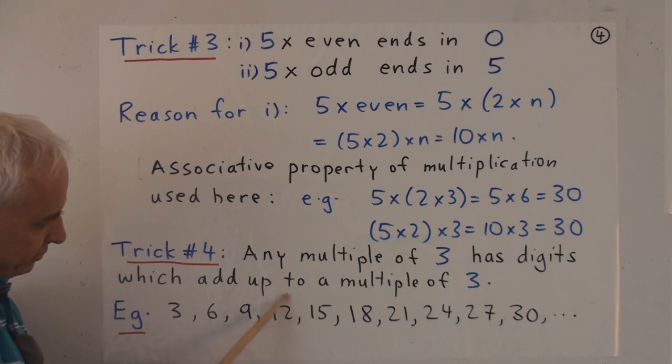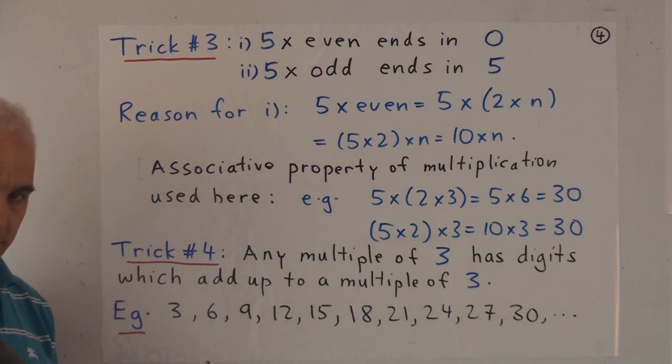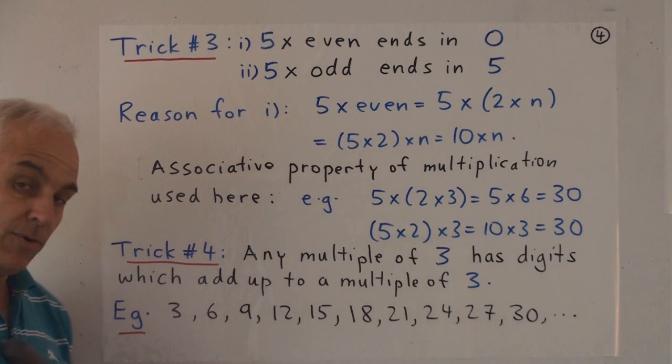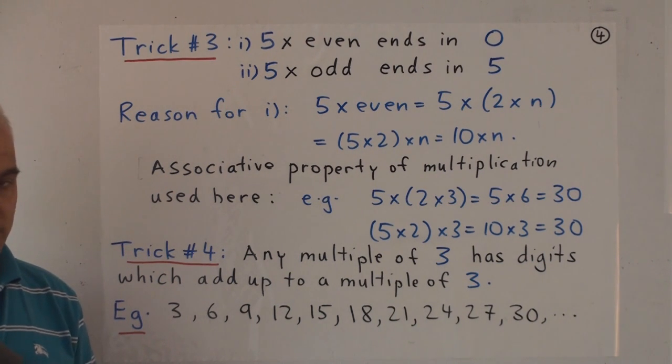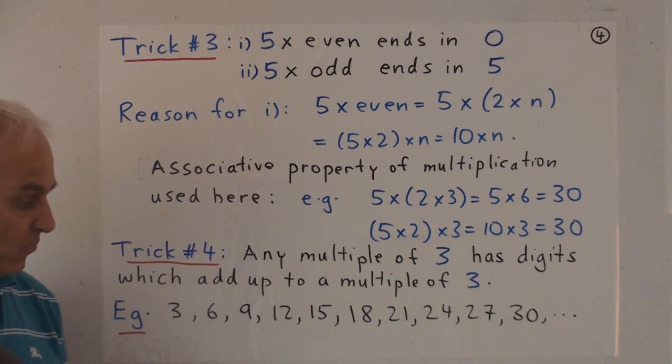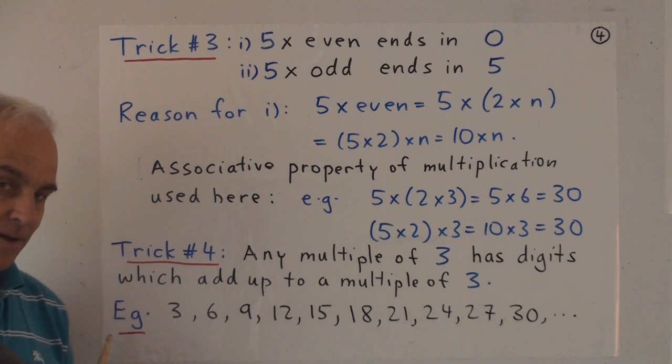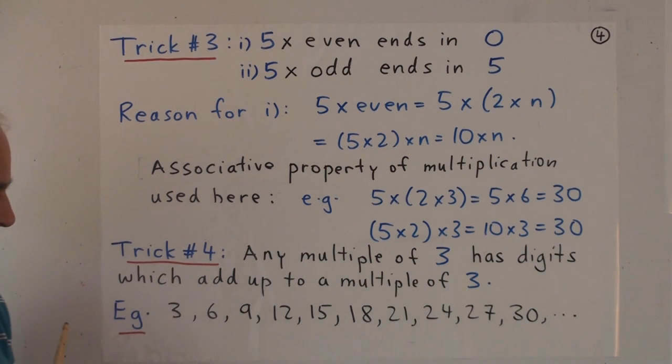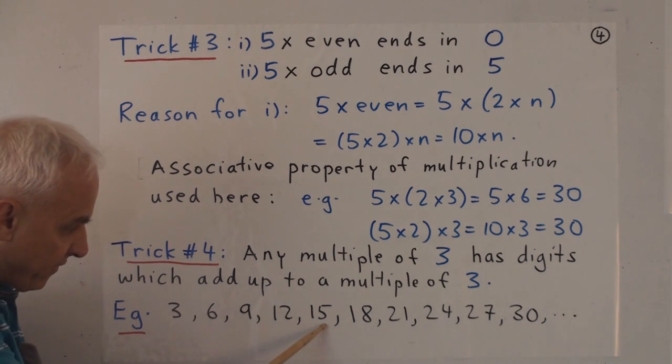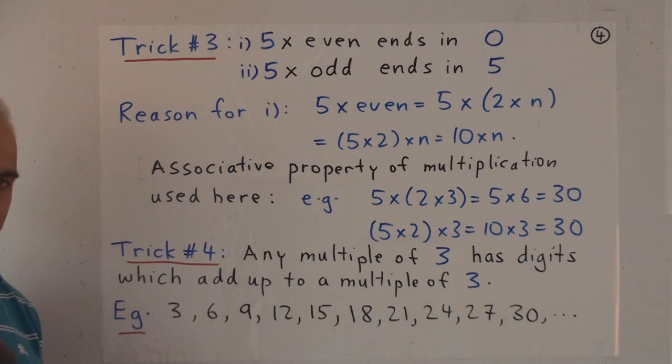What about 12? The digits there are 1 and 2. 1 plus 2 is 3, and 3 is another multiple of 3. 1 plus 5 is 6.